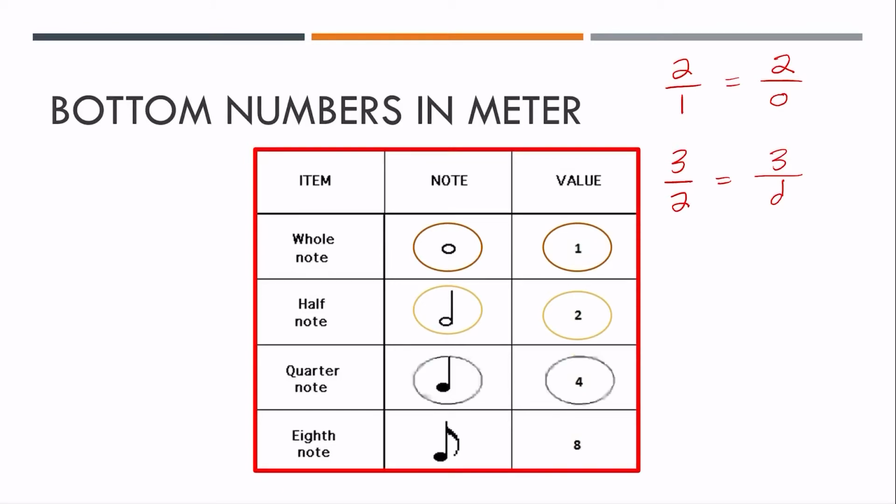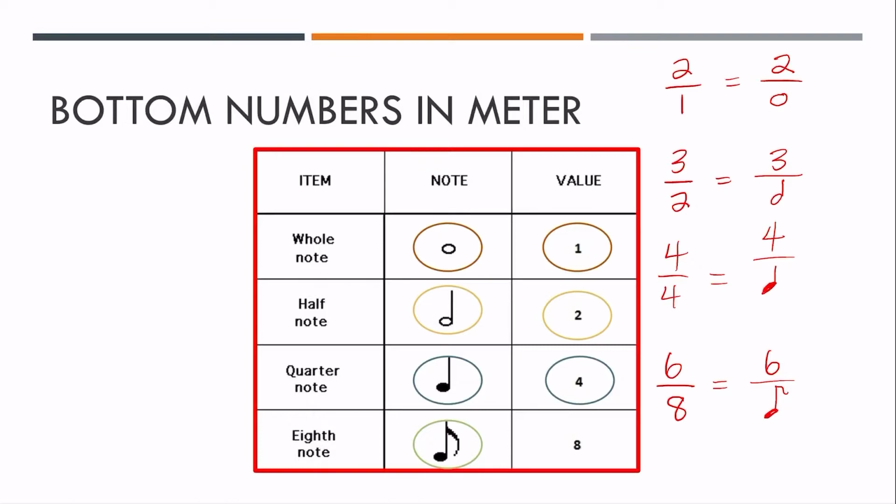If we see a 4 on the bottom, that means that we're dealing with quarter notes, and the 4 on the top tells us that we're having 4 quarter notes in every measure. And exactly the same, if we have an 8 on the bottom, that means that we're dealing with eighth notes, and the 6 means that we'll have 6 eighth notes per measure.